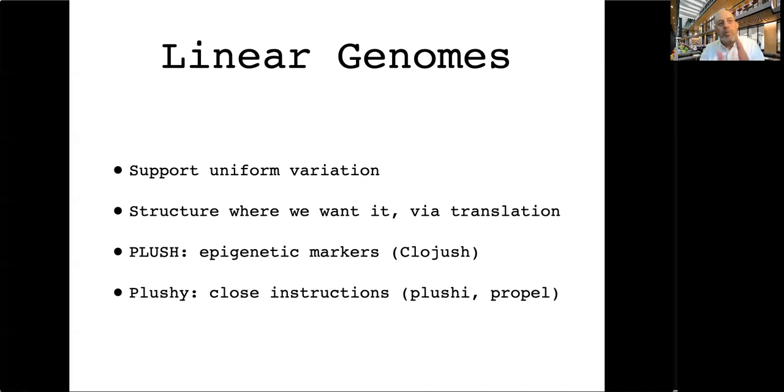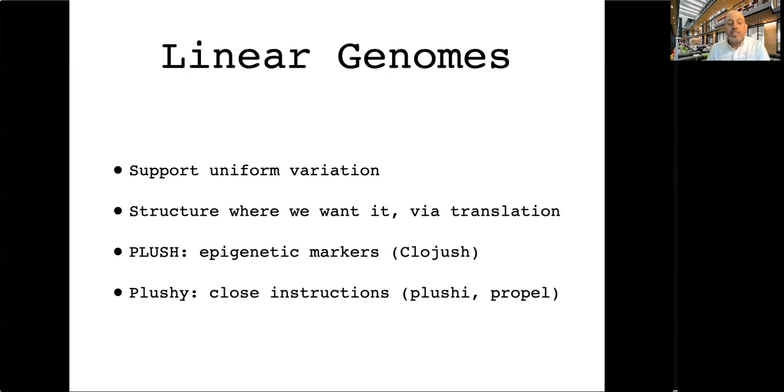And that's what we perform our genetic operators on, and then they get translated to the nested expressions for evaluation. We have two schemes for this historically, one called Plush, where it's like Push, but there's an L for linear stuck in there, and one called Plushy, which is sort of like Plush, but simpler. So it's not quite Plush, but it's Plushy, right? Somewhat frivolous names. I hope you'll excuse that.